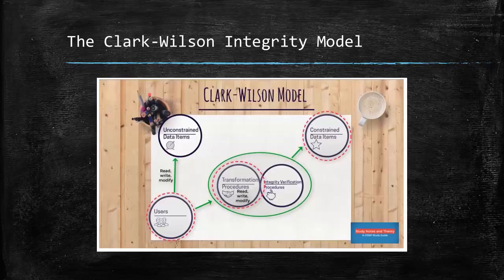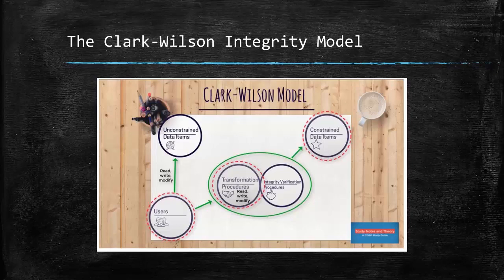Here we have a little diagram, and I'll explain how the Clark-Wilson model works. With respect to unconstrained data, a user is able to read, write, and modify directly. There's a direct connection to that data, and they can perform any process that they wish.